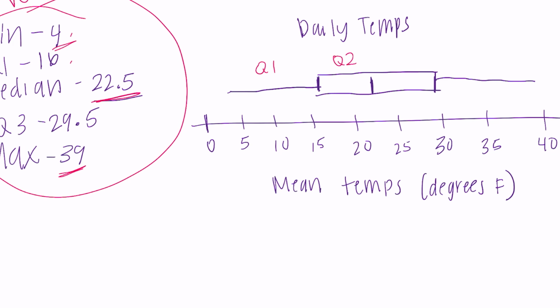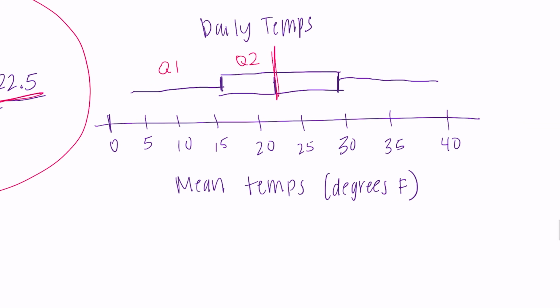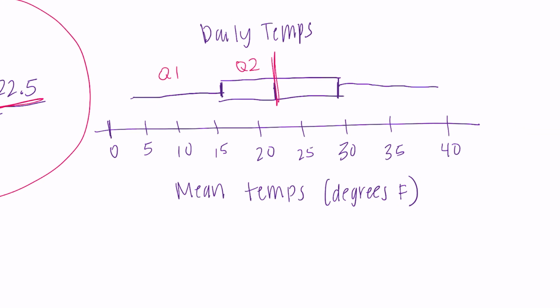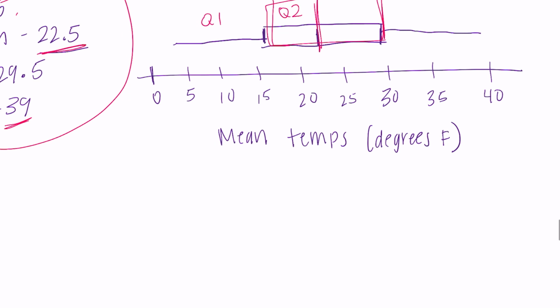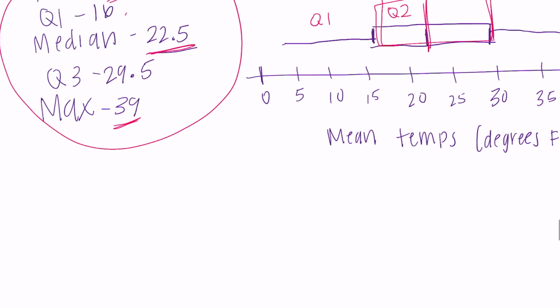Quartile 2, more than half of the temperatures were less than 22 and a half. More than half were greater than 22 and a half. The middle half, you could say, was between 16 and 29 and a half degrees. There's a lot of different things that you can use to explain the spread. So you're just talking about the info in the data. So just use some of those talking points to describe the data.